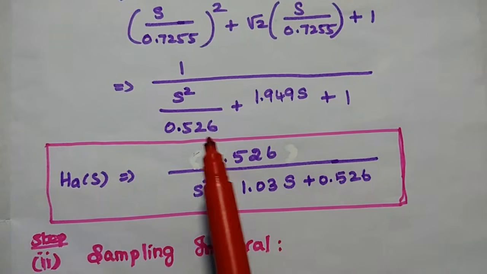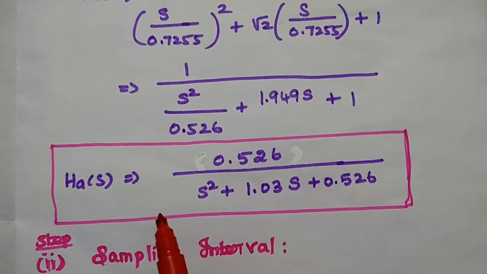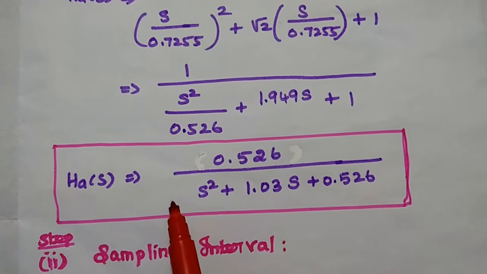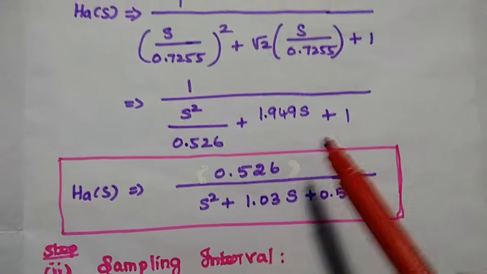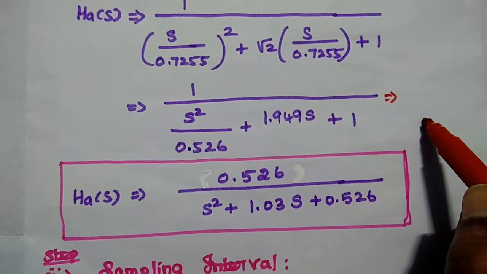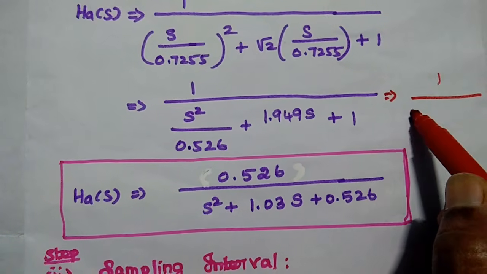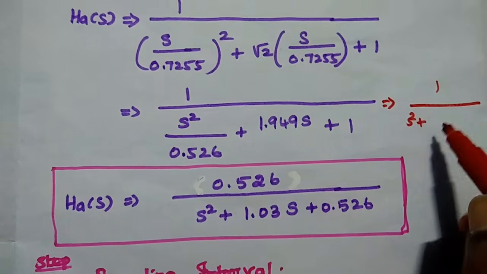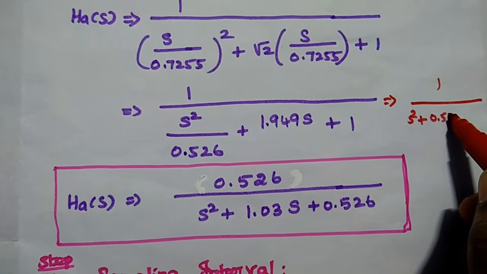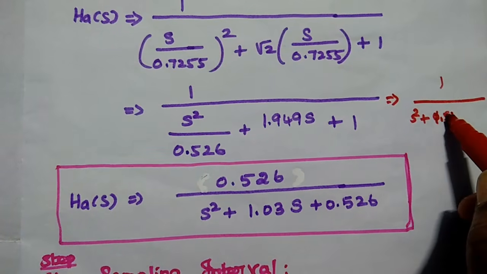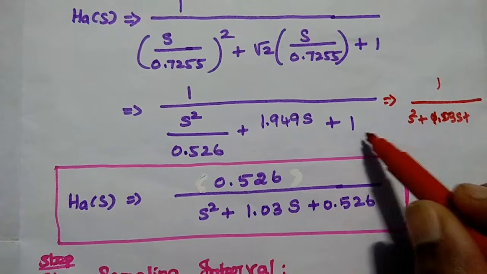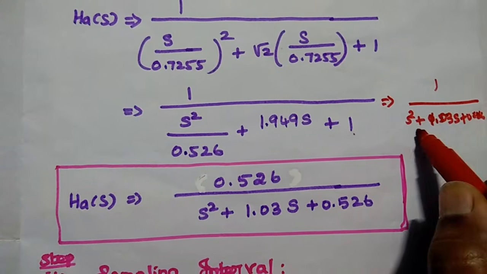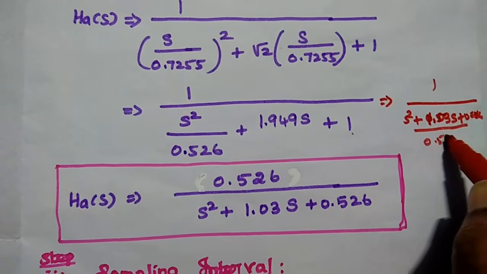Then we can simplify this term. Finally, we can obtain the transfer function of an analog Butterworth filter. Here we have taken the LCM, 0.526. So it is 1 divided by s squared plus this 1.949 multiplied with this 0.526, so we can get the value as 1.03 s plus 1 into 0.526, the whole divided by 0.526.